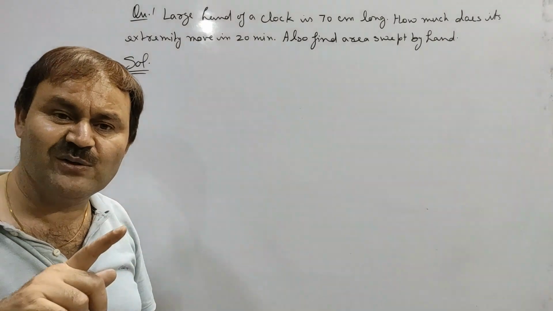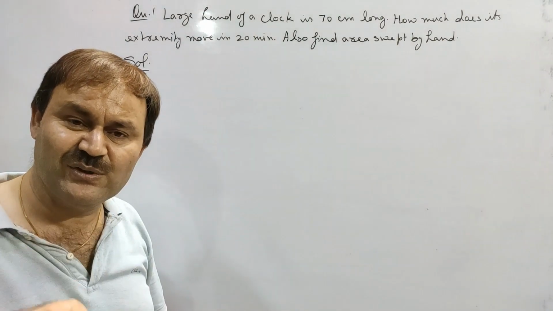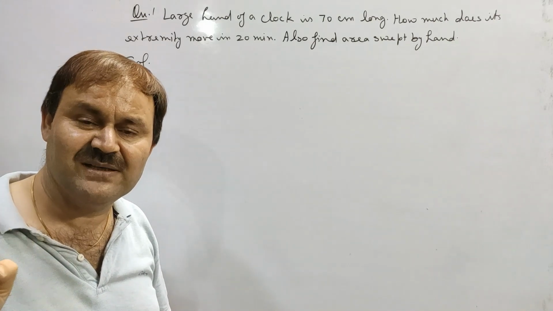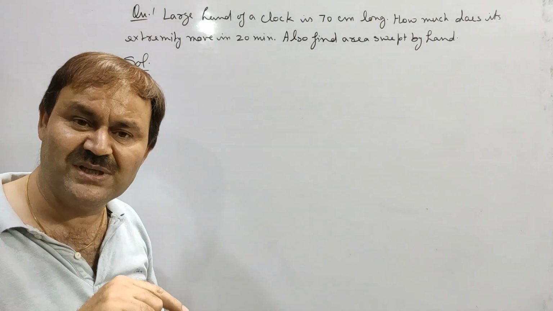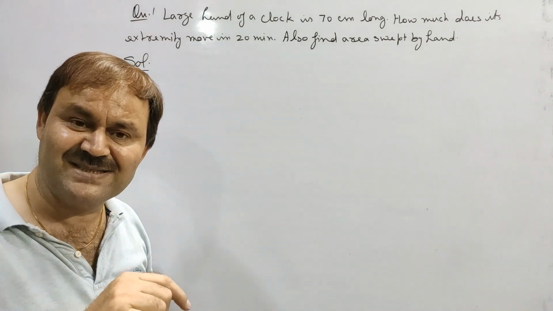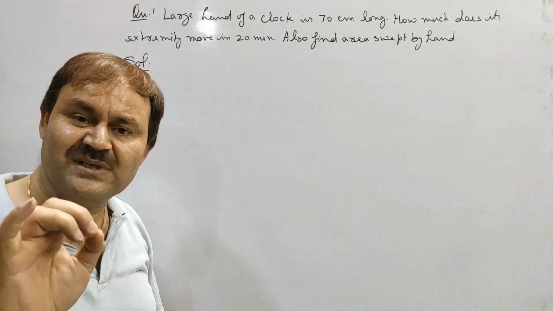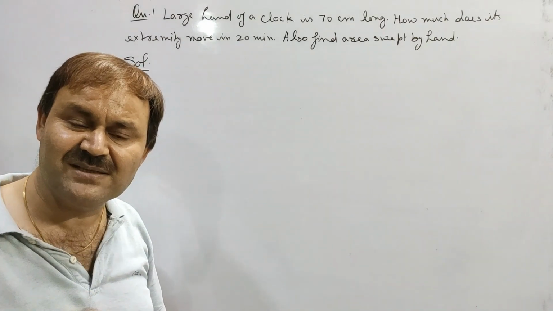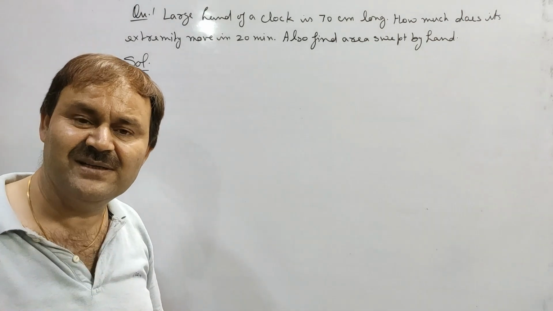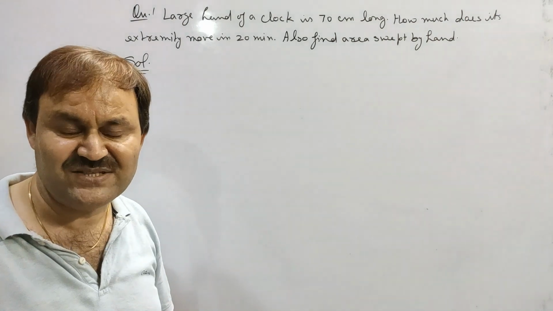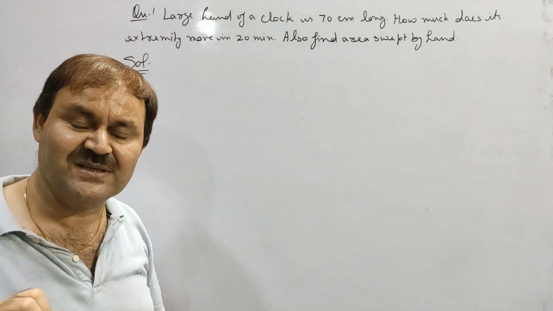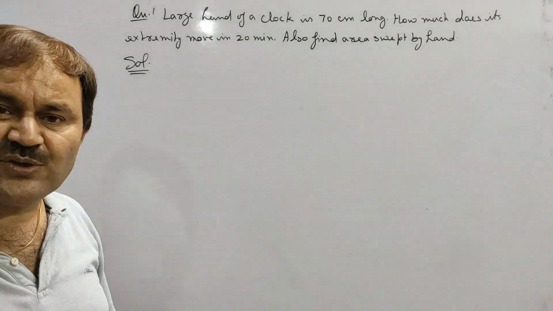Now to solve this question, first we must find out the angle swept by the larger hand of the clock. The minute hand of the clock completes one revolution in 60 minutes, and in one revolution it subtends an angle of 360 degree in degree measure, or 2 pi radian in radian measure, that is in circular measure. So it is our choice.